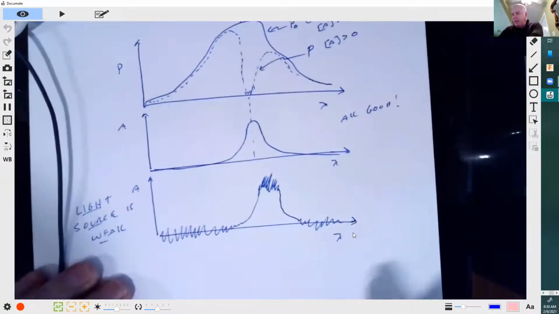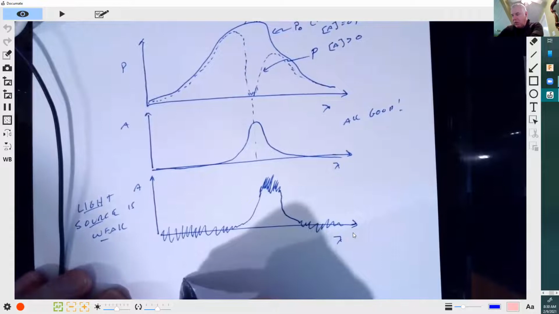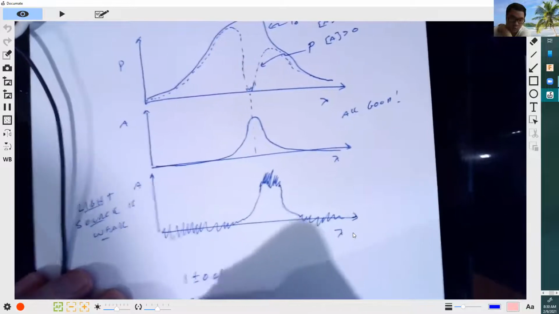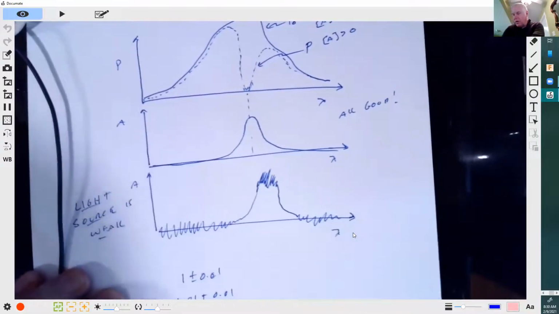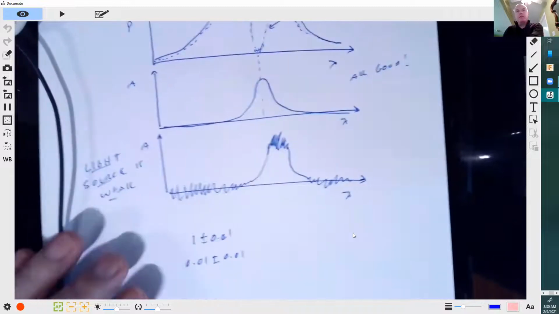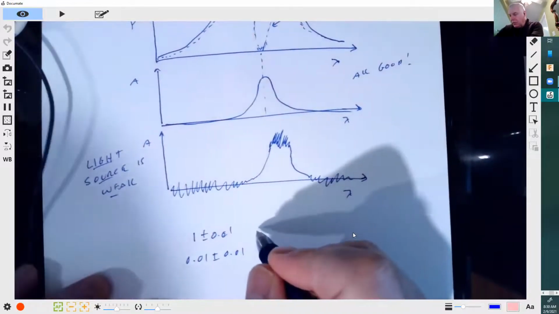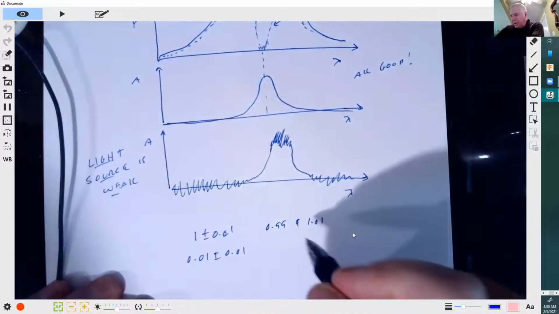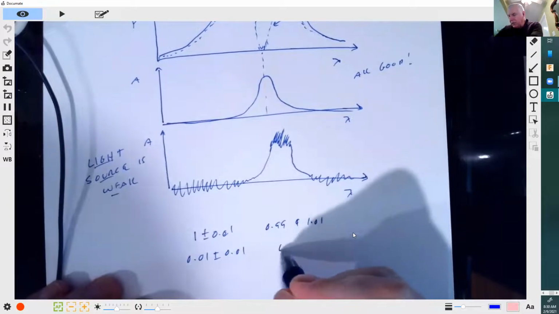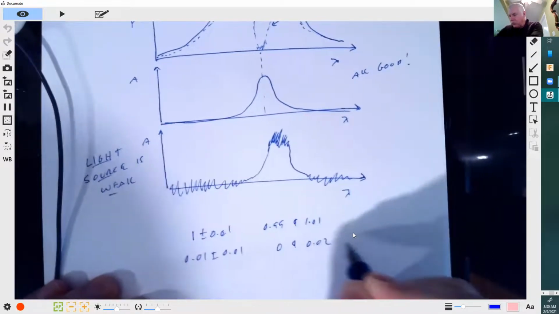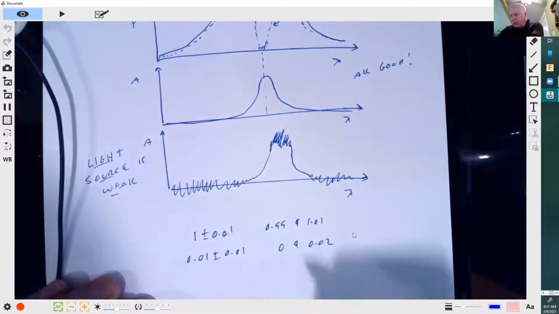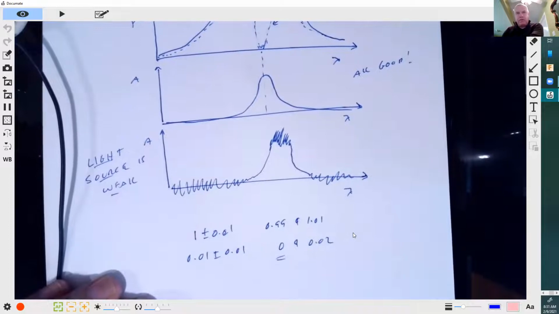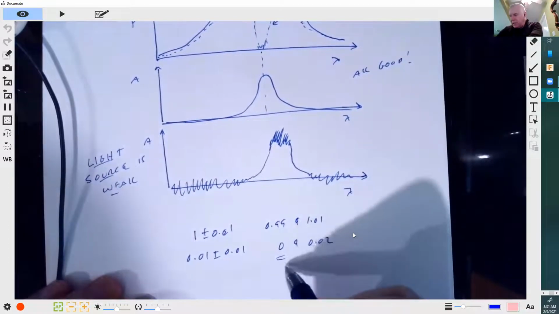So if we have a signal that's, say, 1 plus minus 0.01, and we have 0.01 plus minus 0.01, this signal varies between 0.99 and 1.01. This signal here varies between 0 and 0.02. So if you try to divide by 0, you'll get an infinite value, right? And so this is a problem.